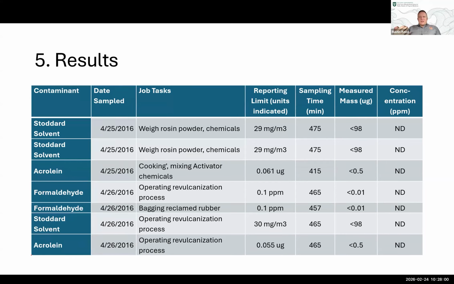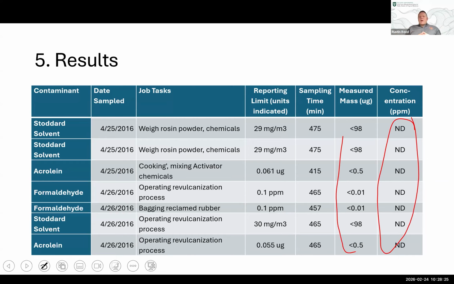We don't want people to have to work and be irritated or worse while they're just trying to make a living, just trying to do their job. So we want to identify it, but we come back with nothing. That's what this means right here: non-detect. Everything was below the instrument's ability to measure it. One way of thinking about that is it's so small the instrument can't see it. It may be there, but it's so small that it can't see it.